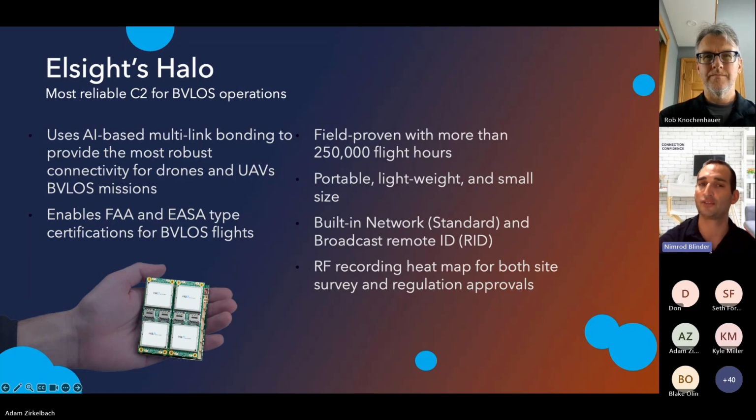You can also share all this information with the regulator to show them how safe is safe enough, and to determine no-flight zones because there is no connectivity whatsoever in the region.